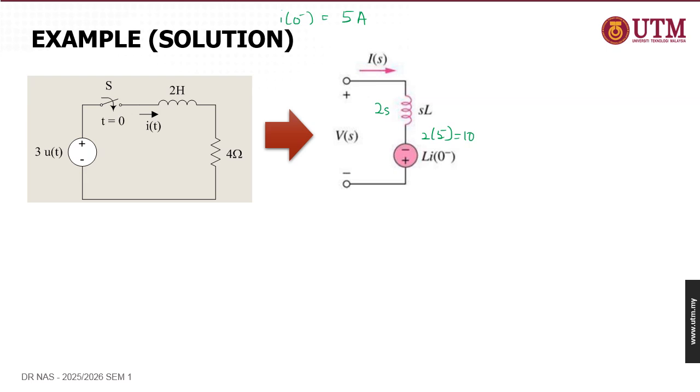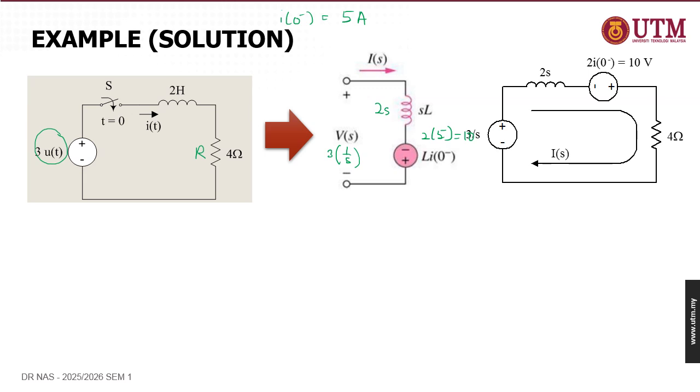Then you have the resistor, so the R stays as it is in S domain, and then you need to convert v(t) equal to 3 u(t) into V(s). When you have u(t), it is 1 over S. So this is your circuit.